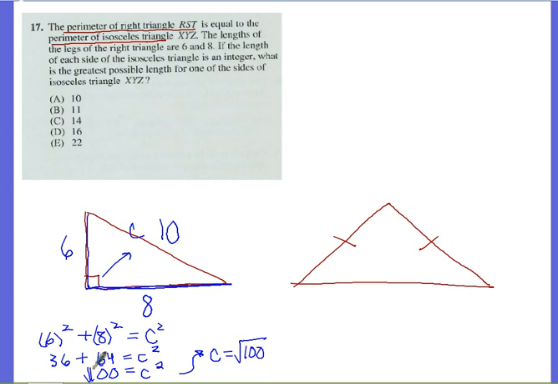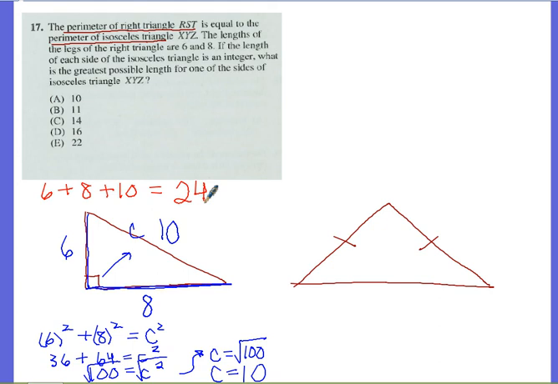How do I do that? You do that right here, and then c is equal to 10. Alright, so I actually have the perimeter. 10 plus 8. So perimeter is just adding up all the sides. So 6 plus 8 plus 10. So I have 18 plus 6, so 24.